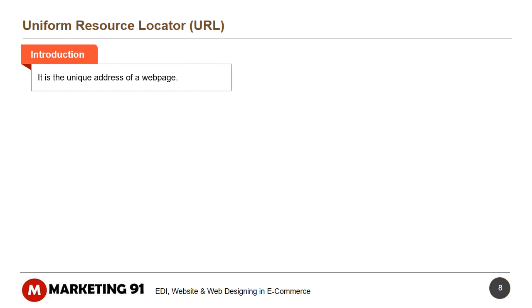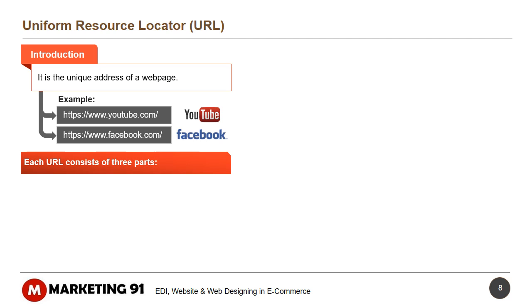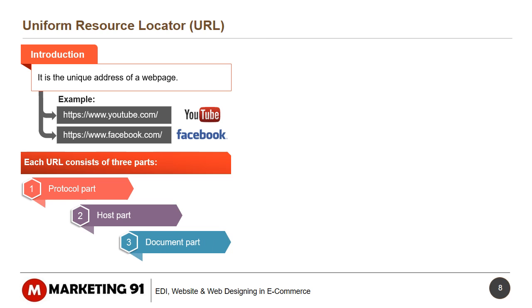Uniform Resource Locator. It is the unique address of a web page. For example, https://www.youtube.com or https://www.facebook.com. Each URL consists of 3 parts: protocol part, host part, and document part.